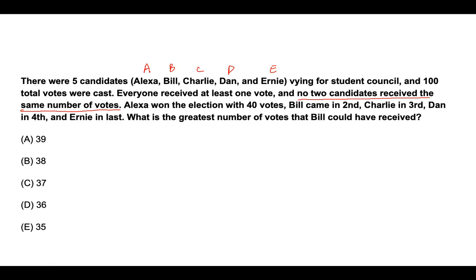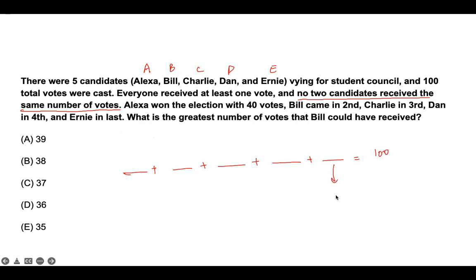And Alexa won the election with 40 votes, and Bill came in second, Charlie came in third, Dan came in fourth, and Ernie came in last. So we have 5 candidates, and in total they received 100 votes.